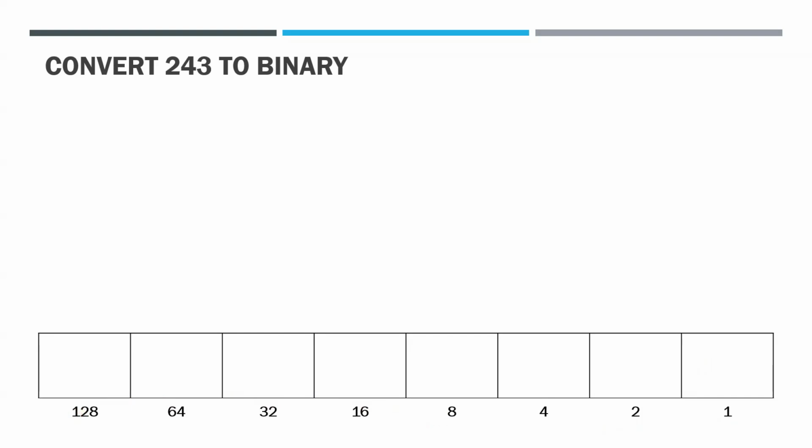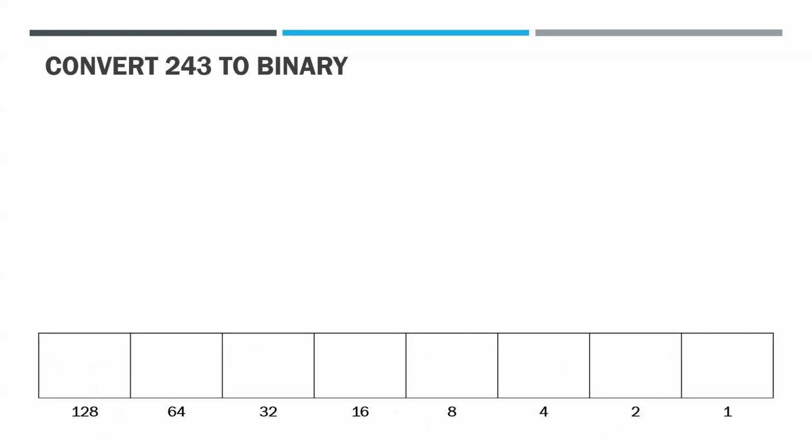When you're manually converting a decimal number into binary, you want to go from the biggest numbers to the smallest, right? So we want to start over here on the left-hand side with the 128s place.